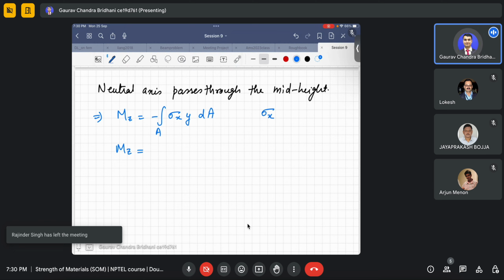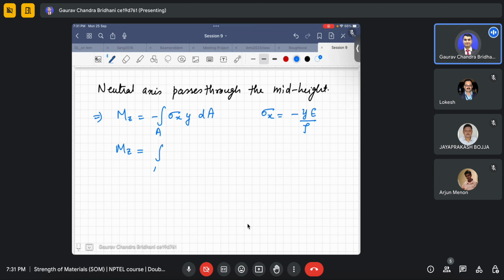What is our sigma? It is minus y E by rho. This we know, so I will substitute it there. If I substitute, it will be the integral of E by rho y square dA. Minus minus gets positive.